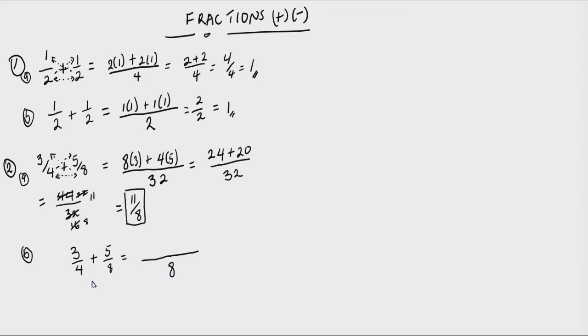So you say 4 and 8 is 2, so 2 times 3 plus 8 and 8 is 1, 1 times 5, and this would be 6 plus 5 divided by 8, and that would be 11 divided by 8.